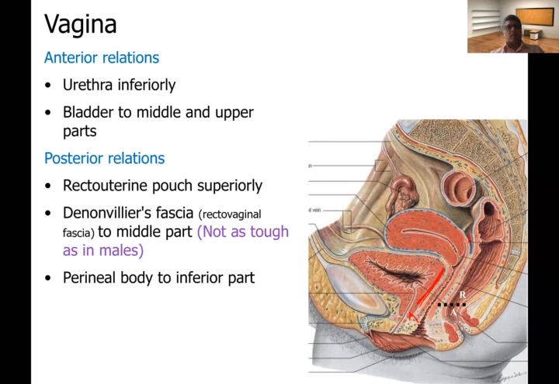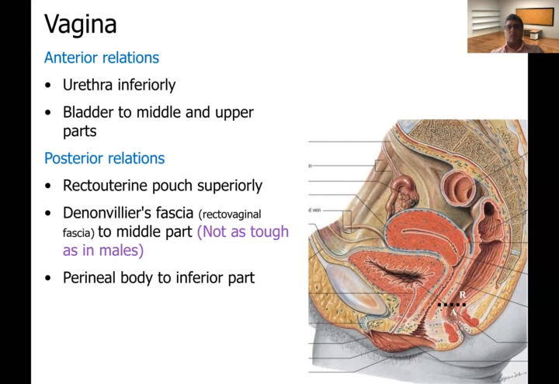Then you get the Denonvilliers fascia, or rectovaginal fascia. In males, this fascia is well developed, but in females it's not well developed. Some people don't even like to call it that, but just remember, technically you need to know it. You get it between the vagina and the rectum, related to the middle part of the vagina posteriorly.